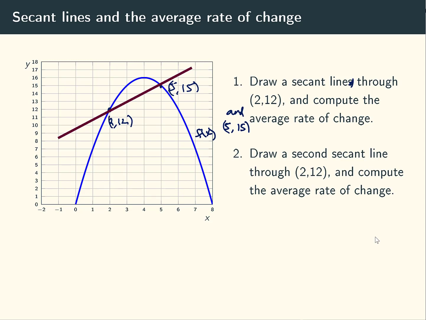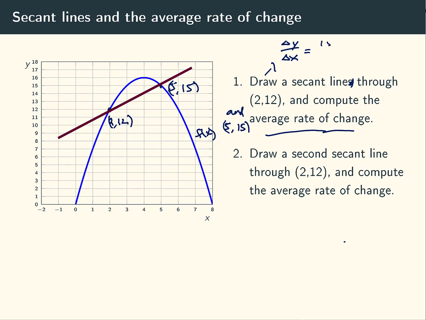Now we want to compute the average rate of change. What's the average rate of change? Well, that's basically going to look a lot like the slope. And so we can write the equation, the change in y, that's our rise, over the change in x. So what's the change in y?